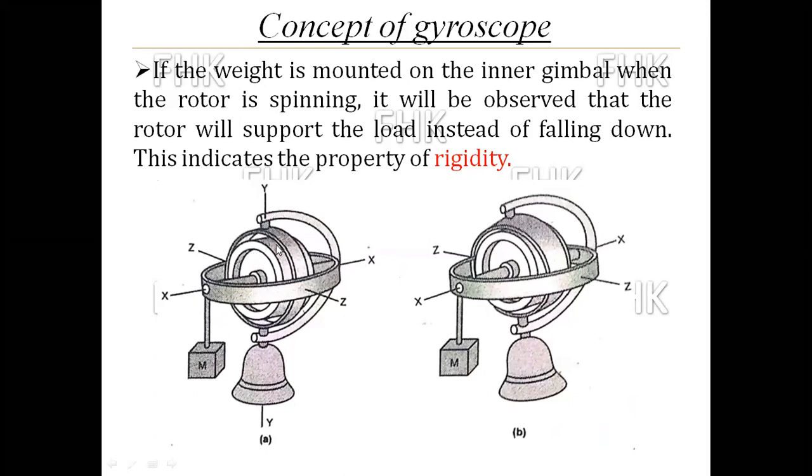Along with this, the complete rotor is tilting about the ZZ axis, which is called the tilting freedom, and the complete rotor with its spinning and tilting axes is rotated about the outer gimbal, rotating about the YY axis. This is called the weaving freedom. So any rotating mass having 3 degrees of freedom is called a gyroscope.